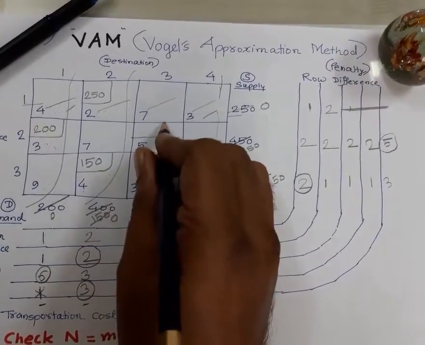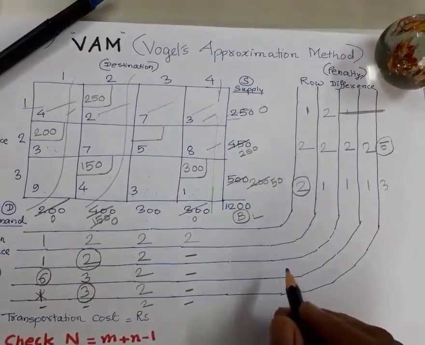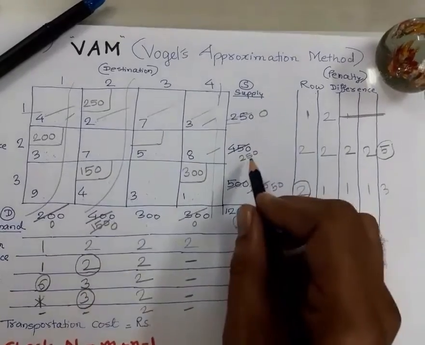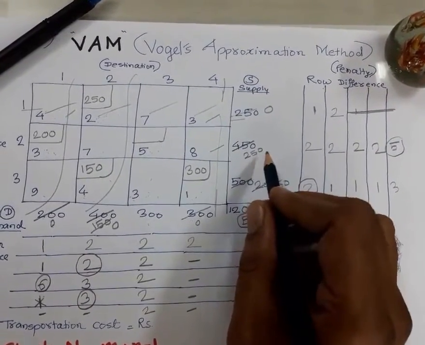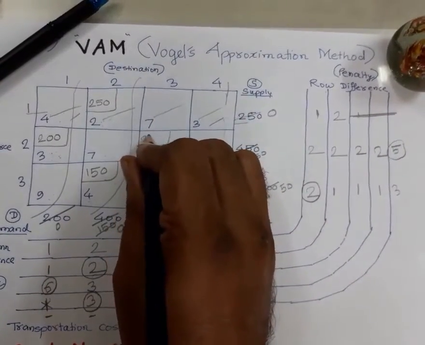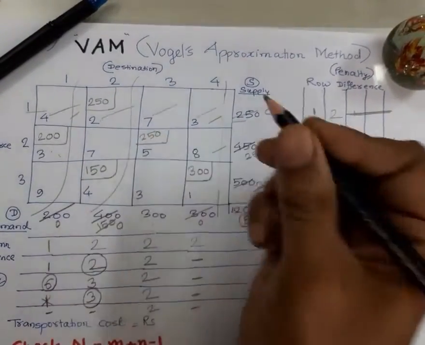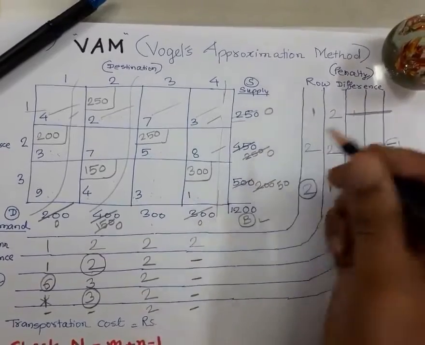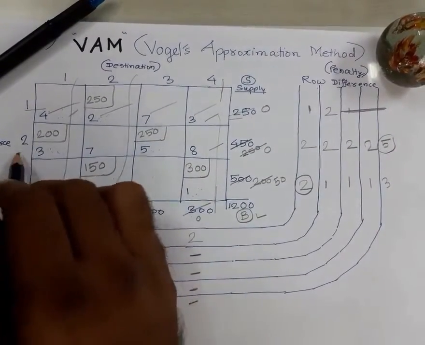Now we have to do the allocations. 300 is here and 250 is the supply, so the minimum value is 250, so I will just allocate 250 here. This will become 0. This is also now deleted.